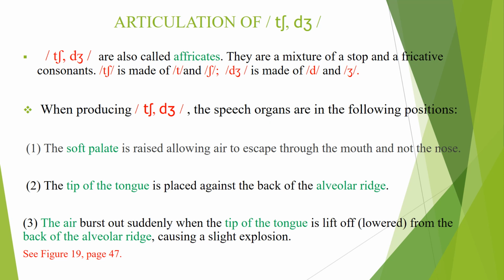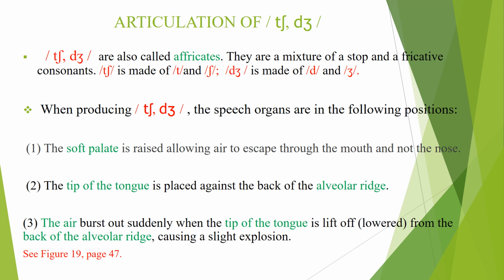The articulation of ch and j. Ch and j are also called affricates. They are a mixture of a stop and a fricative consonant. Ch is made of t and sh, whereas j is made of d and zh.